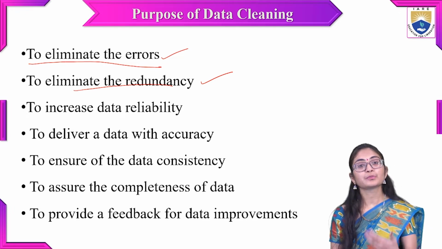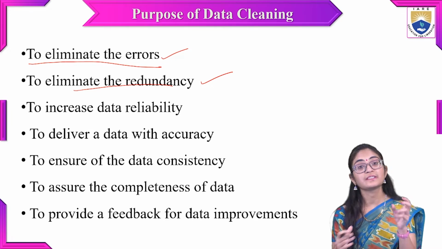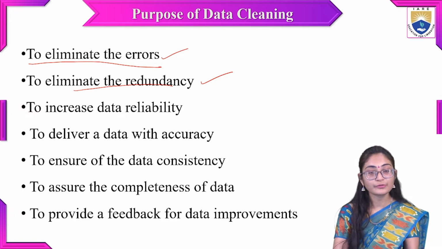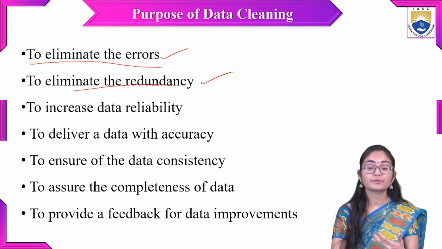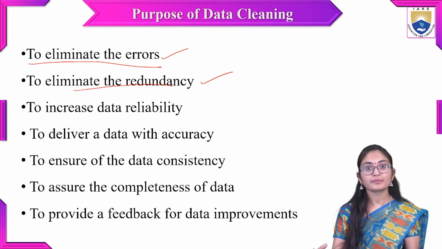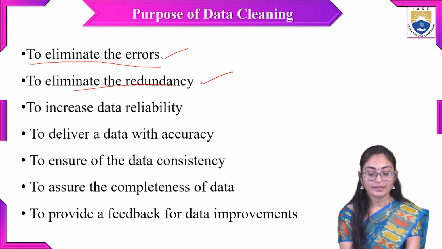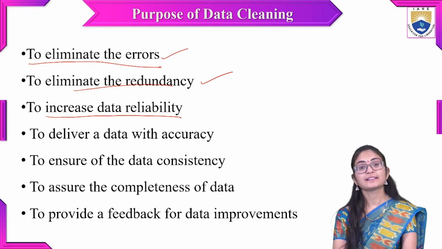If you are processing the data, then there should be trustworthiness. The data should be trustworthy. If your data is not trustworthy, then you cannot process it for your next models or next purpose. That means it should increase the data reliability.